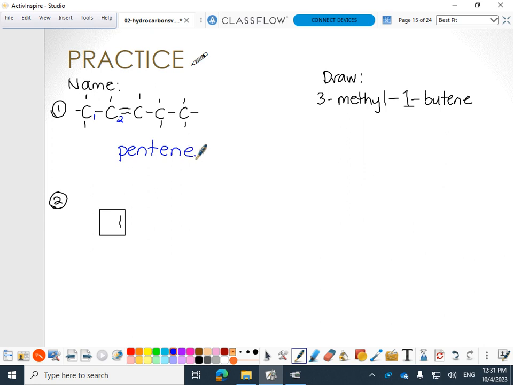But again, if we wanted to draw pentene, then you would do your skeleton and ask, okay, where do I put the double bond? Carbon number 2. Another convention to naming is that because this 2 is out front, it's not maybe as obvious what the 2 is referring to.